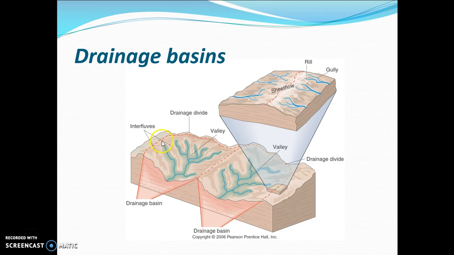So all the water that falls within this drainage divide will fall into this drainage basin. We have here a drainage divide that divides two drainage basins. So all the water that falls on this side will flow into this drainage basin. All the water that flows on this side of the drainage divide will flow into this drainage basin.